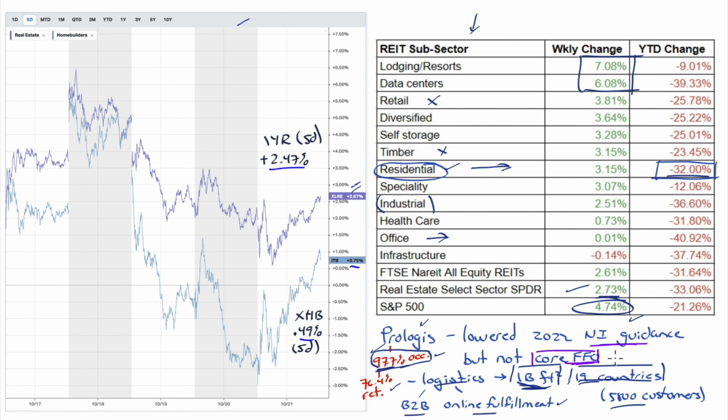Their core FFO actually increased because their CapEx spend has decreased. But when I see something like this, it's not as if it's just US or just Canada. It's 19 countries, 5,800 customers, 1 billion square feet. If you want the pulse of that sub-industry, Prologis is the one.